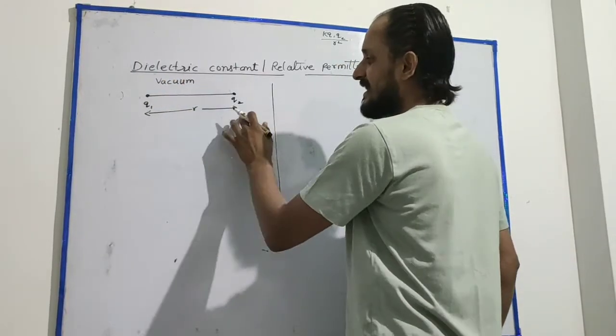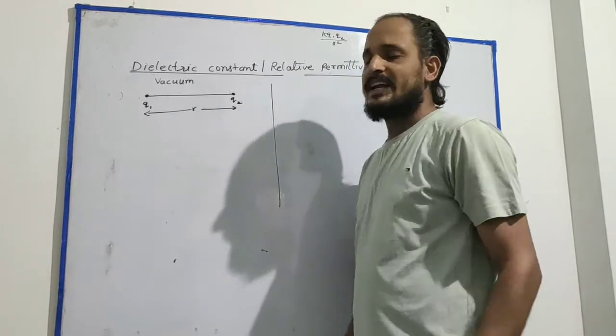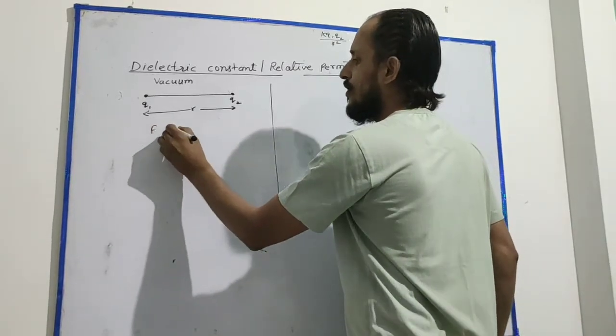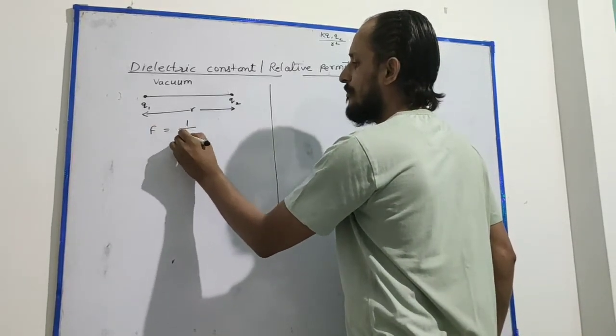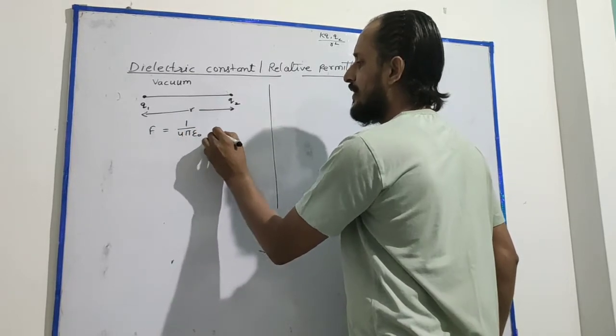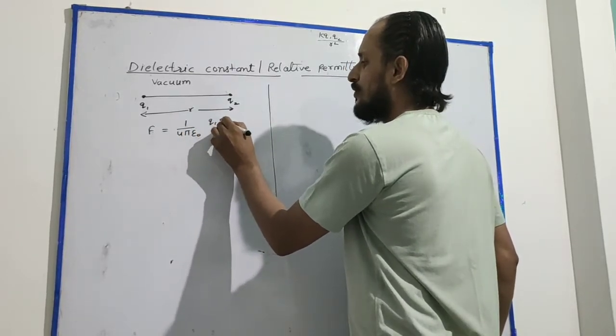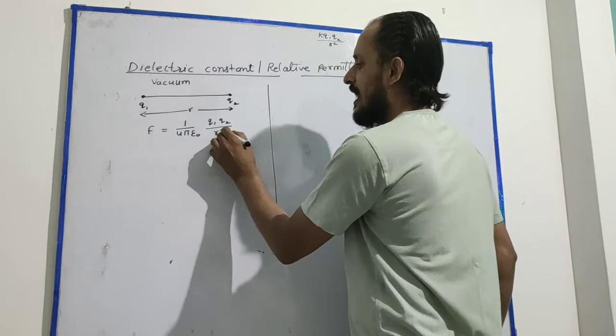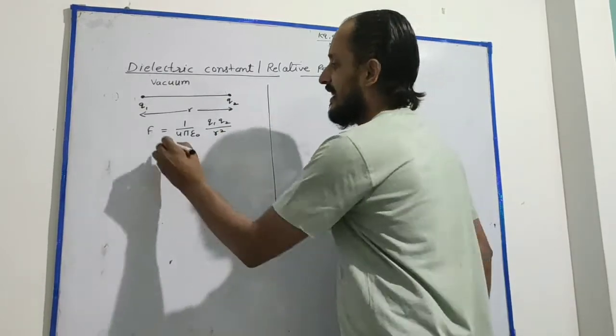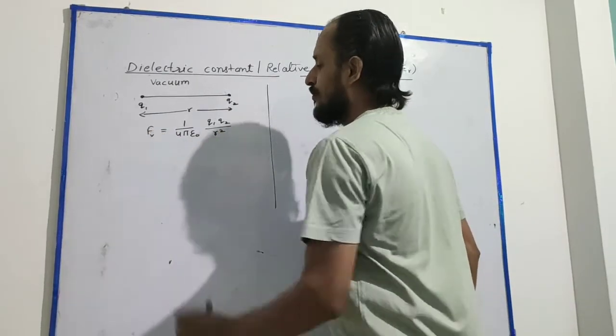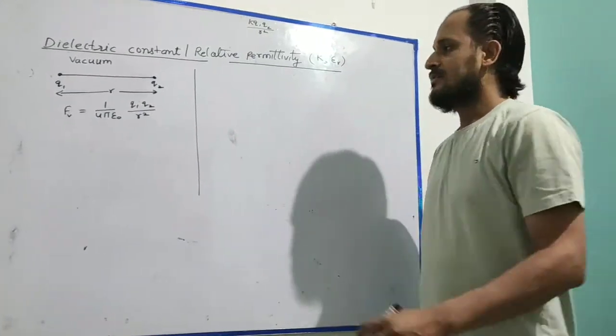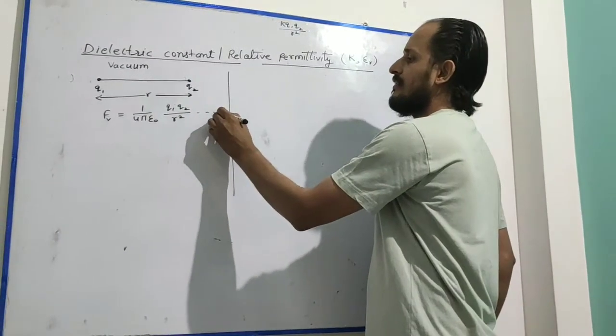What is the magnitude of the force acting between them? We know F is equal to 1 upon 4 pi epsilon naught, q1 q2 upon r square. Here we can write it as the force in vacuum. This is equation number 1.